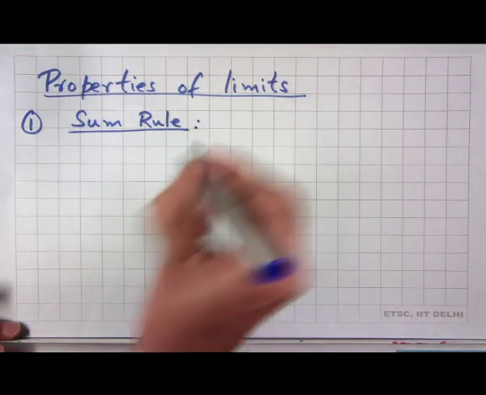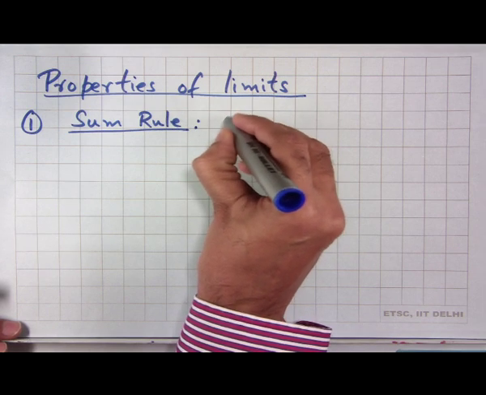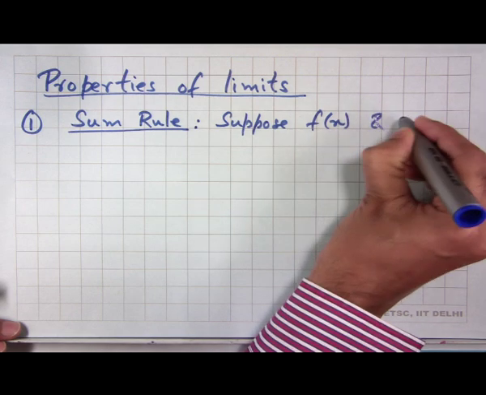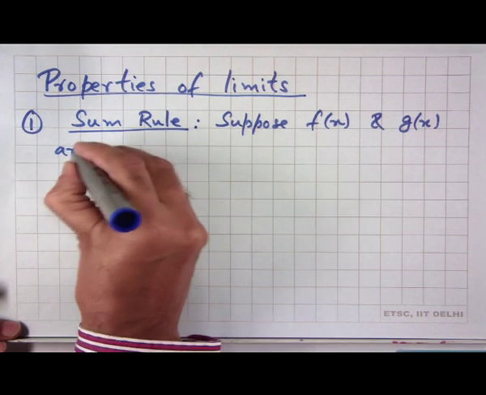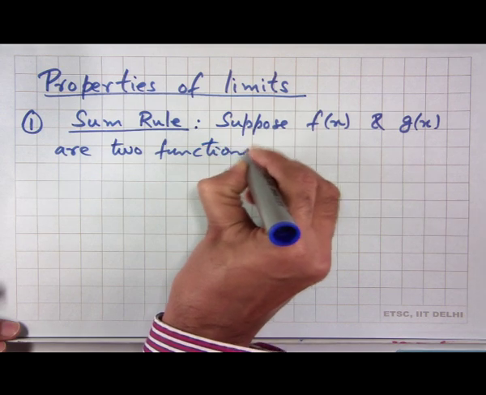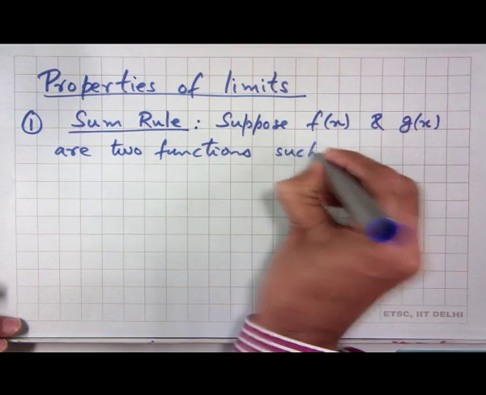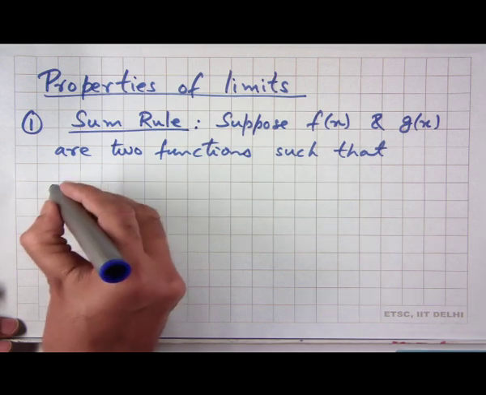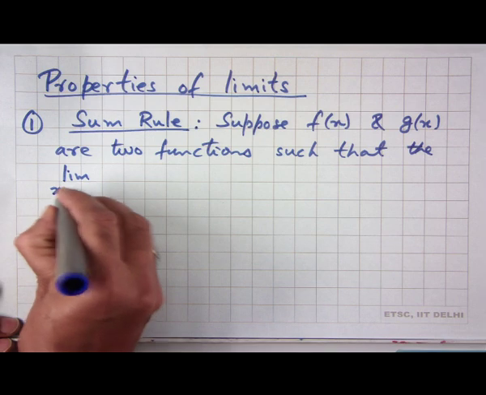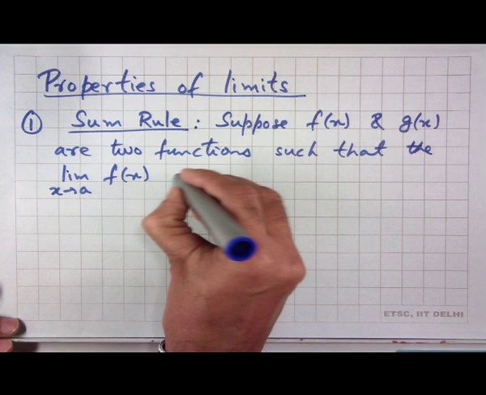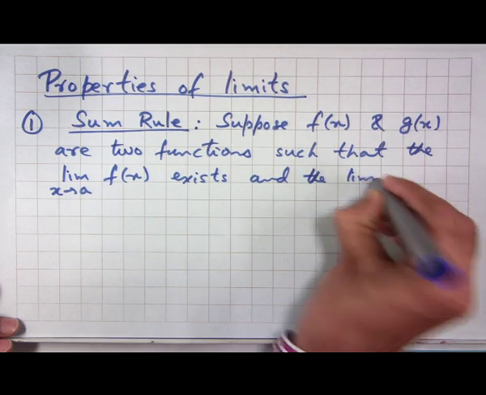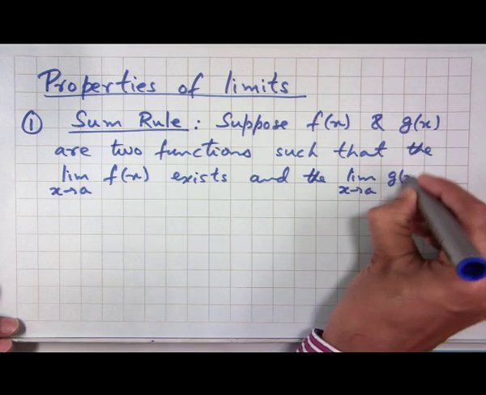So, this says that suppose f x and g x are two functions such that the limit as x going to a of f of x exists and the limit as x going to a of g of x also exists.